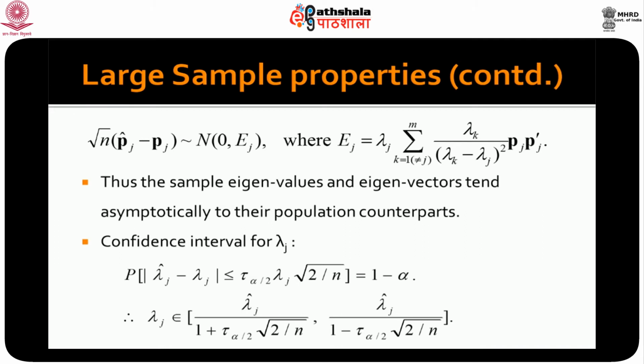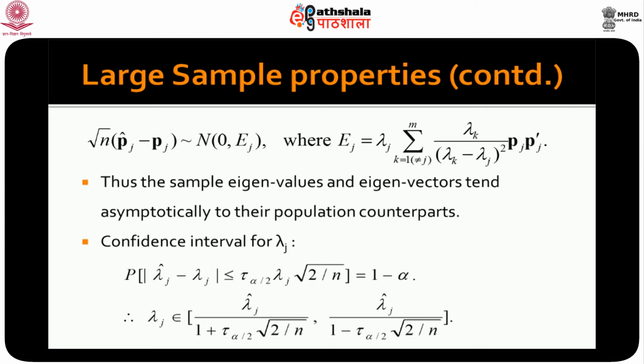Correspondingly, we also have a result for the eigenvectors. Look at the jth eigenvector, then we can show that root n (pj hat minus pj) is asymptotically normal with mean vector 0 and dispersion matrix Ej, where Ej has a slightly complicated form.